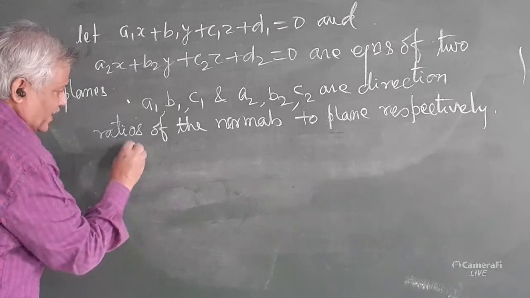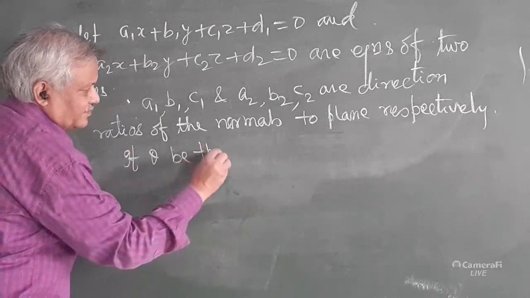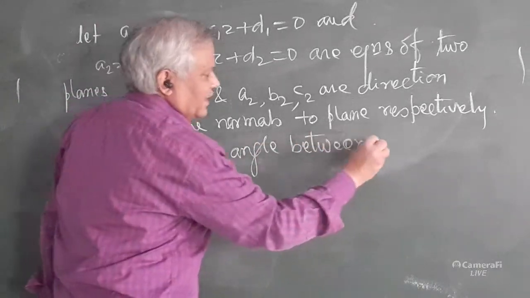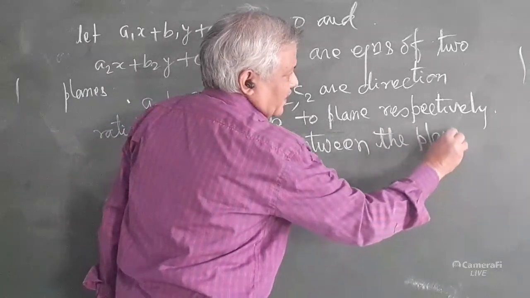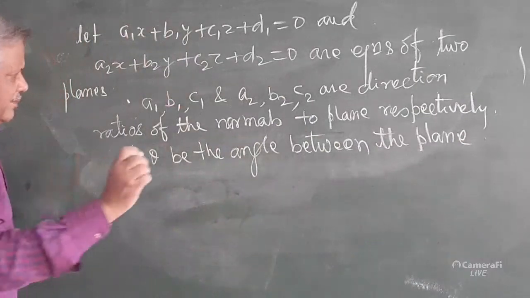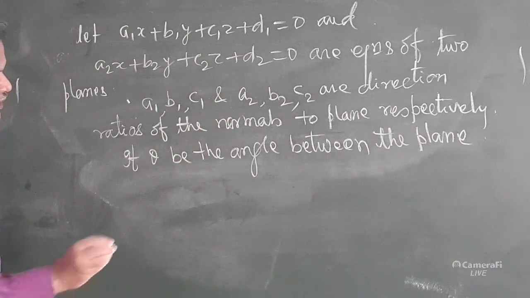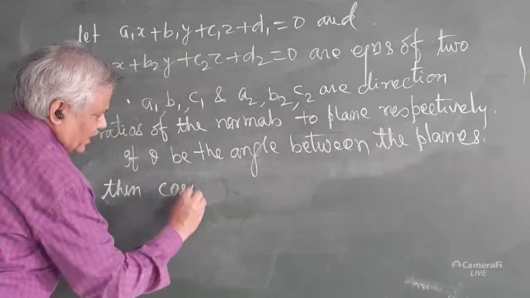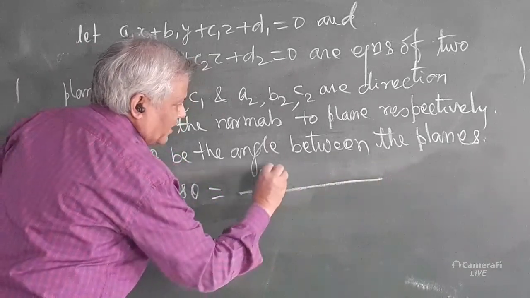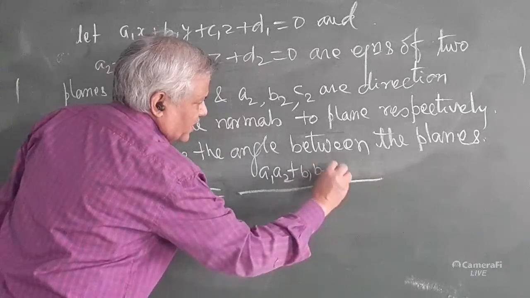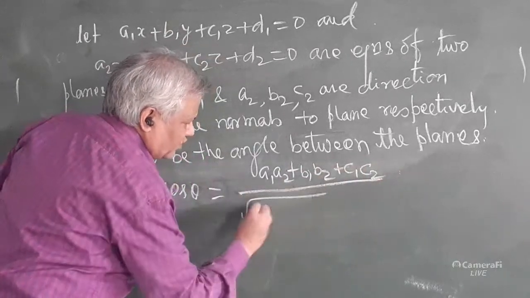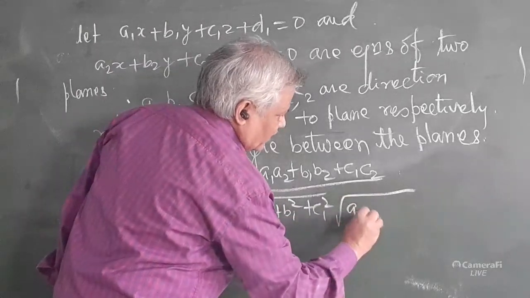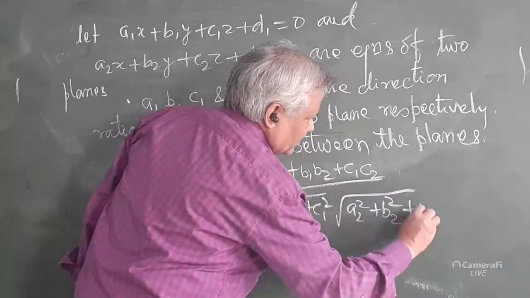So if theta is the angle between the planes, we have cos theta equals a1 into a2 plus b1 into b2 plus c1 into c2, divided by under root a1 square plus b1 square plus c1 square and under root a2 square plus b2 square plus c2 square.